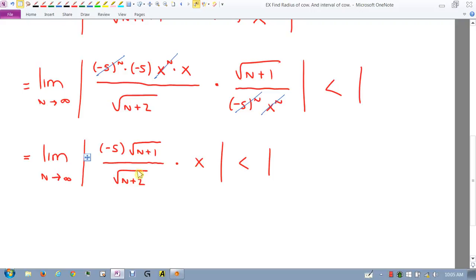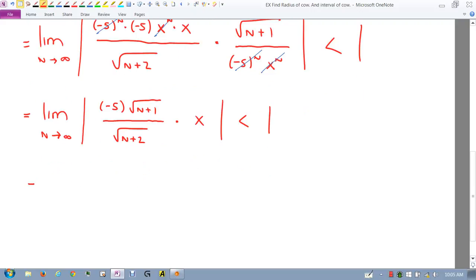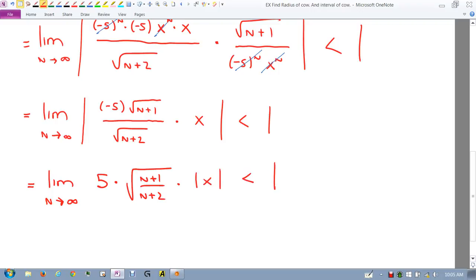And you could do L'Hopital, but then you have a square root. So I think what I'll do is rewrite something. See if you believe me or not on this. All right. The first thing I did was, because this is an absolute value, I can just take the absolute value of negative 5, which is 5, right? So I don't need the absolute value anymore.